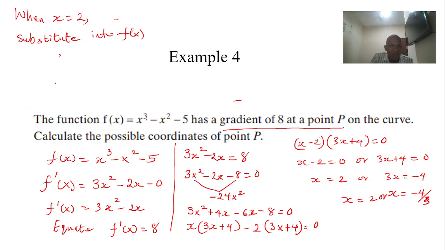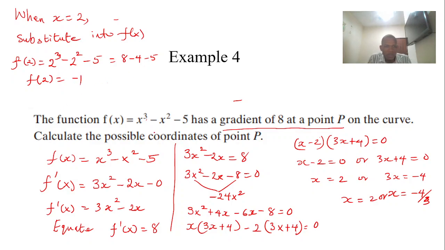So basically I have f of 2. F of 2 becomes 2 cubed minus 2 squared minus 5. So 2 cubed is 8. You have 8 minus 4 minus 5. So my f of 2 is 8 minus 4 is 4, minus 5 is negative 1.